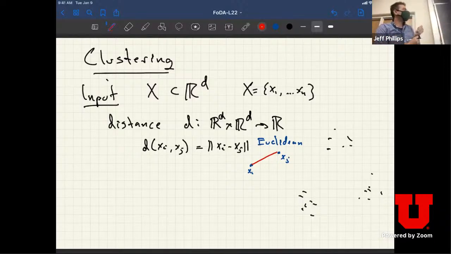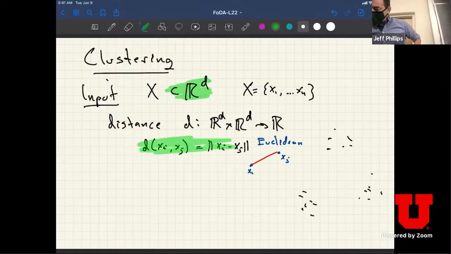The methods we are going to be talking about in this class, though, require that the data is in R^d and that the distance is going to be Euclidean. Within this class, we're going to talk about the simplest, most common form of these, and that is going to assume these properties. But if you look in the book, you can see other variants of clustering, and some of them do not rely on these assumptions.